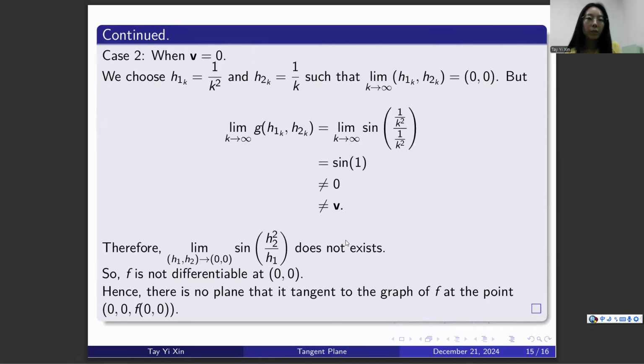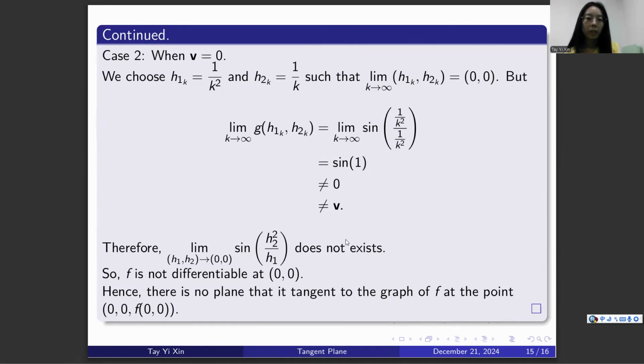Case 2. When the vector v equals 0, we choose h1k equals 1 over k squared and h2k equals 1 over k. So the limit of (h1k, h2k) equals (0, 0) when k approaches infinity.